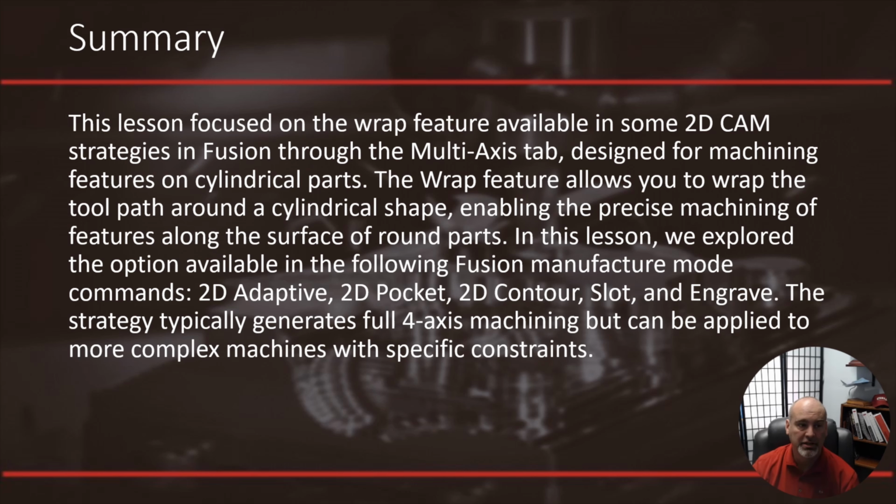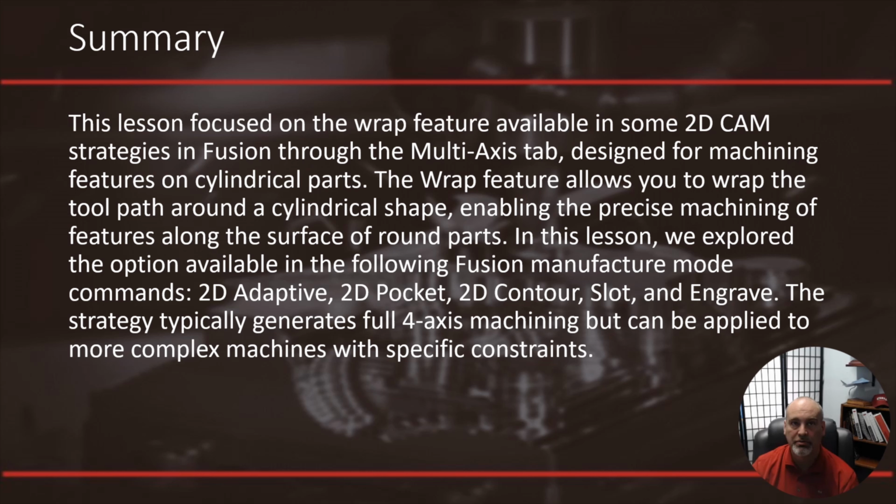In summary, in this lesson, we focused on the wrap feature available in some 2D CAM strategies in Fusion through the multi-axis tab, which was designed for machining features on cylindrical parts. The wrap feature allows you to wrap toolpath around a cylindrical shape, enabling the precise machining of features along the surface of round parts.